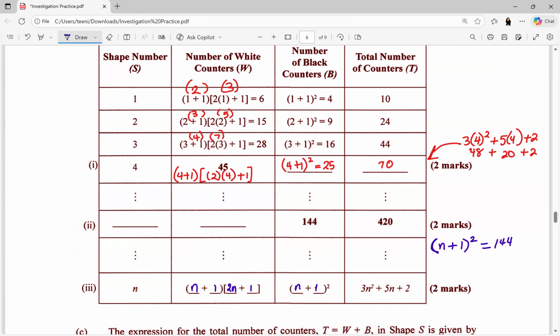To get rid of this square, you have to take the square root of both sides, because the opposite of squaring is taking the square root. So n plus 1 is equal to the square root of 144. So therefore, n plus 1 is equal to 12. So if n plus 1 is equal to 12, that means n is 11.